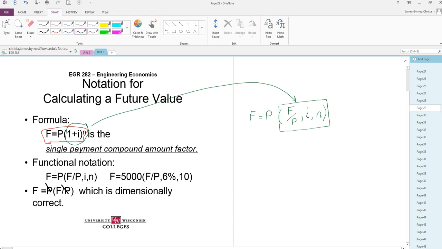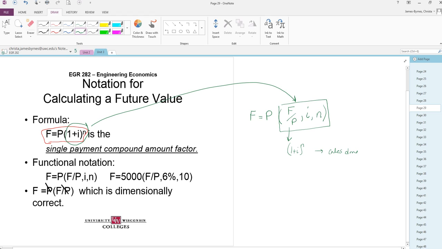And basically, if you look in the back of your book, in Appendix C, what they have done is they have taken the (1 plus i) to the n for several interest periods and done all the calculations for you.